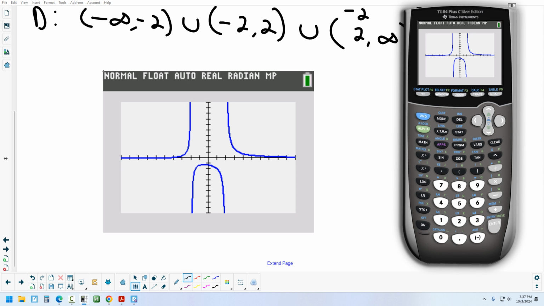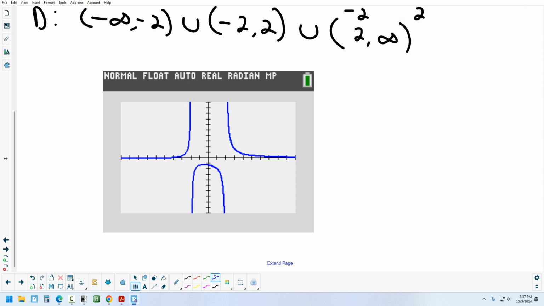Does it go up forever based on what you're seeing there? Yeah, because we've got some vertical asymptotes. We've got one there. And we've got one there, 2 and negative 2. Those are my asymptotes. So it does go up and down forever. But the question is going to be, does it hit everything in between going up and down forever? What do you think?